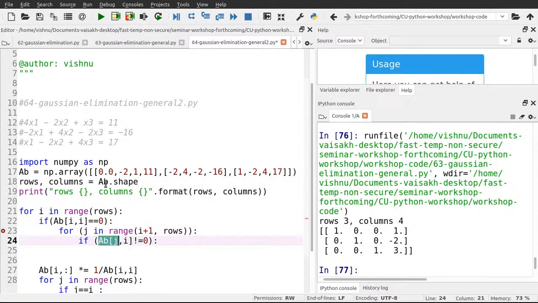So how do we interchange? The rows need to be interchanged. So for interchanging the rows, ABI and ABJ should become ABJ and ABI.